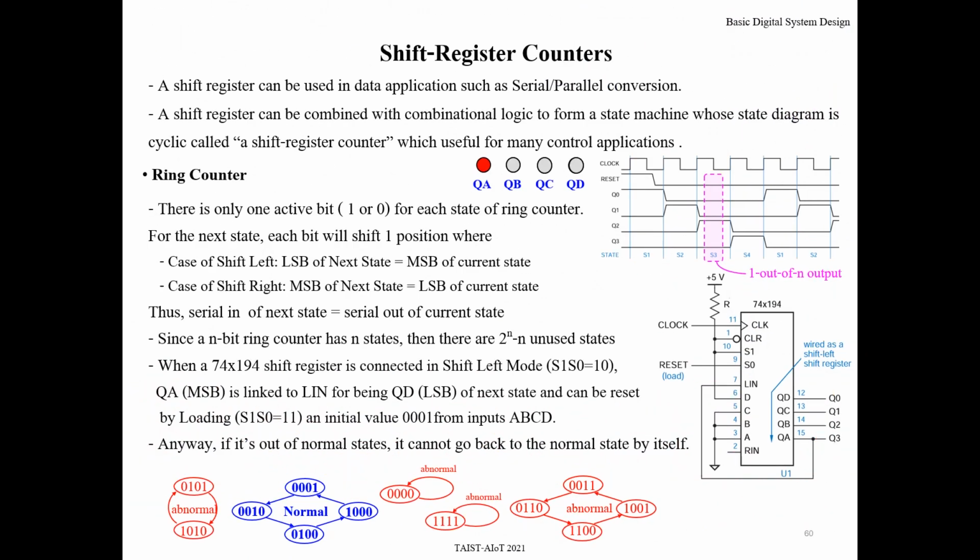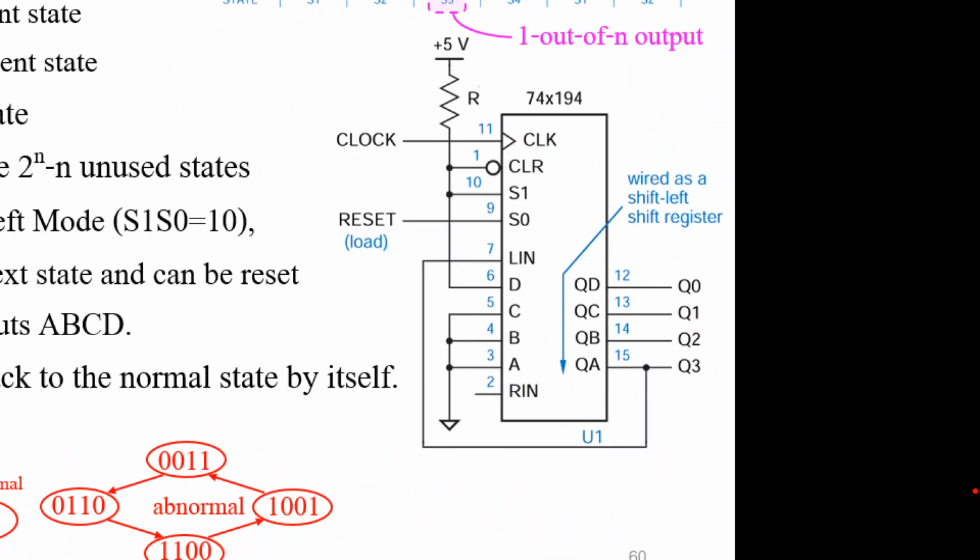So if I want to make the circuit go back to the normal state, someone may send the reset signal again, 1 here, then you load the initial data 0, 0, 0, 1 again.